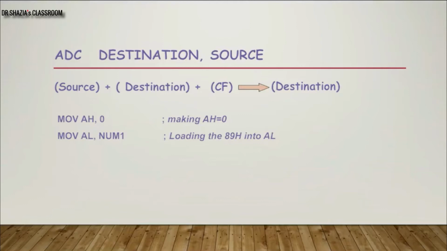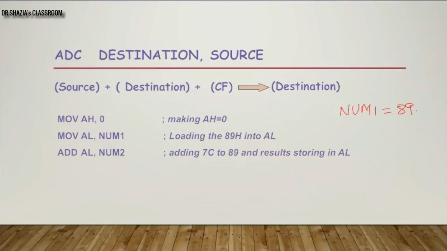MOV AL comma num1 will load the data present in the variable num1 to the AL register. Then I am adding num2 with AL. ADD AL comma num2 will add the content of AL with that of the variable num2. So let us assume num1 has the data 89.